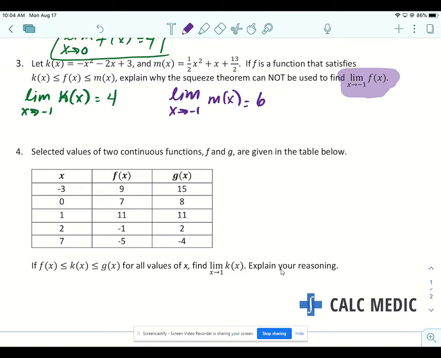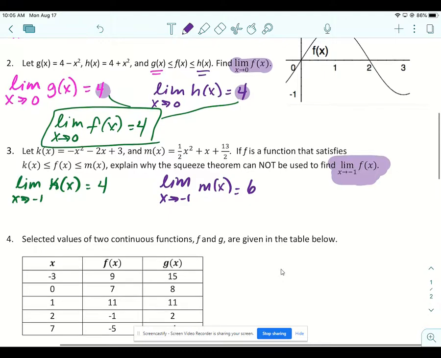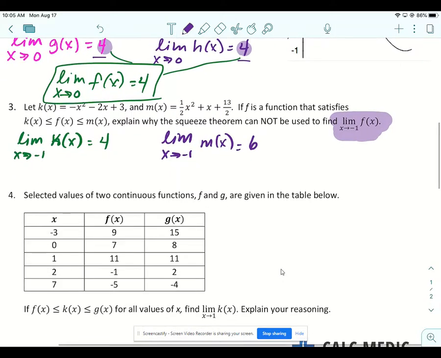So that isn't enough information for us to figure out the limit as x approaches -1 of f of x using the squeeze theorem. To use the squeeze theorem, those limits have to be equal, so we can't do it.